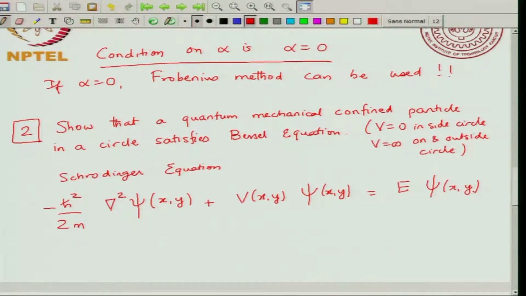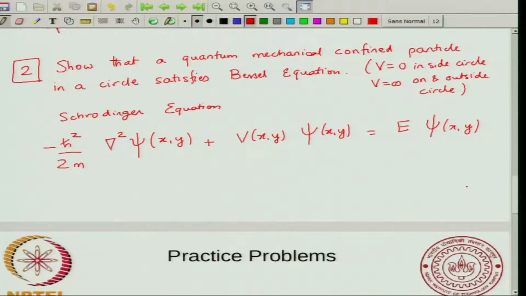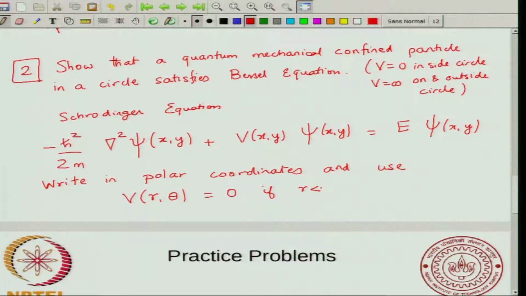Okay. Now, what we will do is write this in polar coordinates and use V of r theta equal to 0 if r is less than some radius, I will call the radius capital R, and equal to infinity otherwise.